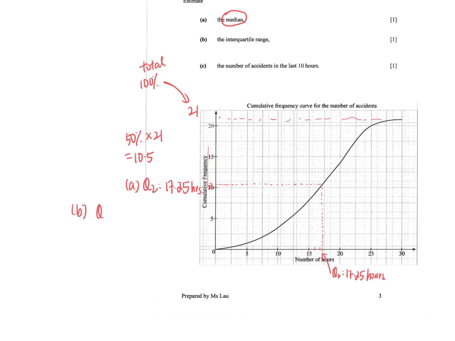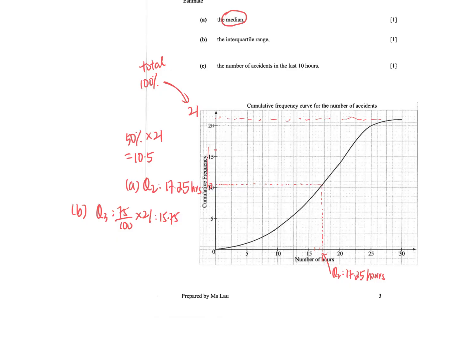Okay, next is interquartile range. I need to find the upper quartile, which is 75% of 21. So I need to go and read what is the data that I need. My working: 0.75 times 21, so I need to go and read my 15.75 data.